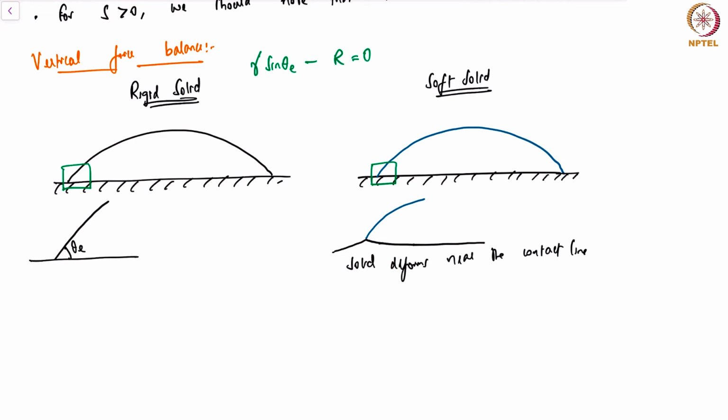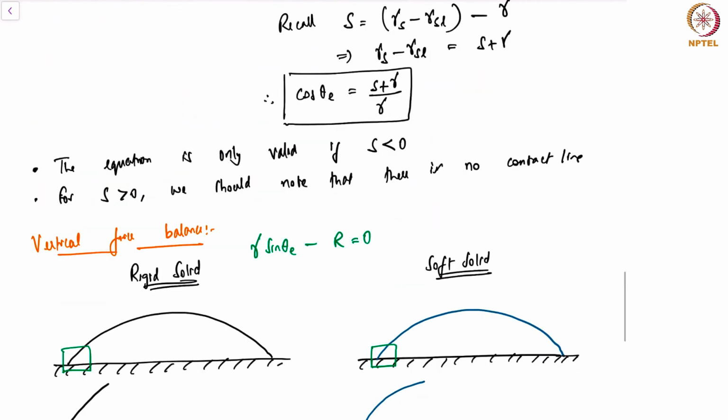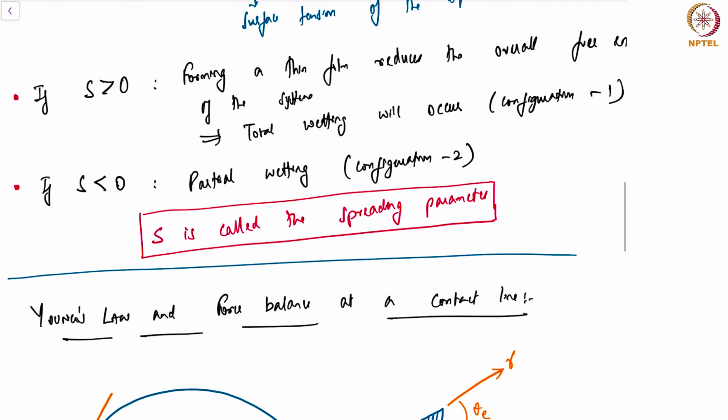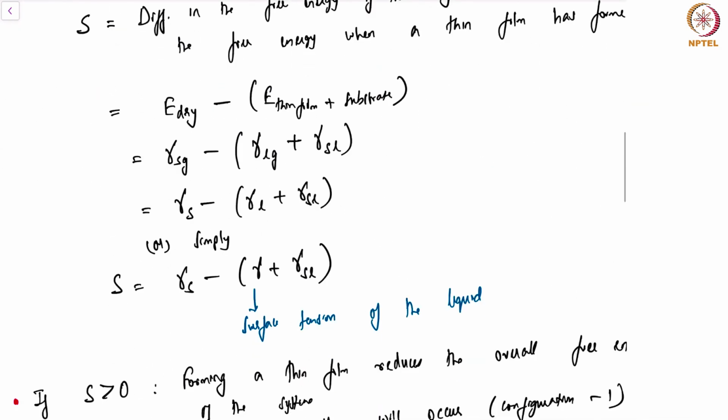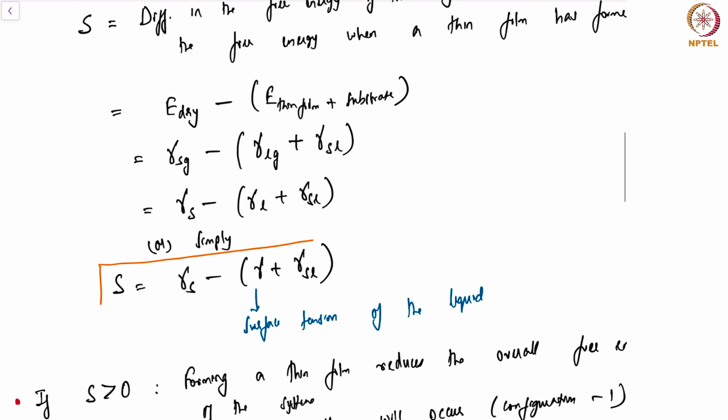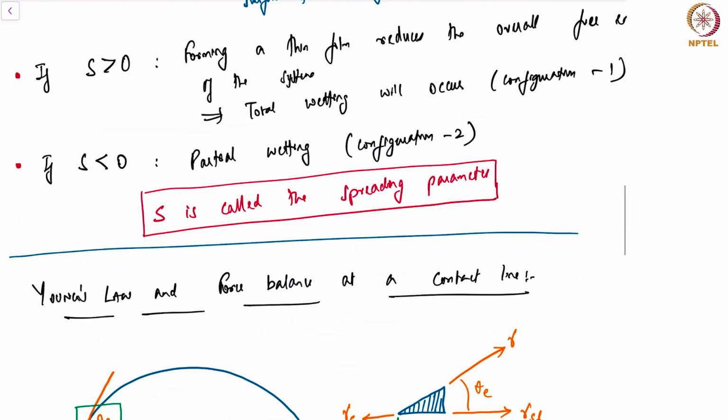Okay. So what we have basically done, to quickly summarize what we have seen, is we have determined a parameter called the spreading parameter, and I think it's worth putting this in a box here. We said that if S, the spreading parameter, is greater than 0, then we have total wetting, and if S is less than 0, then we have partial wetting.